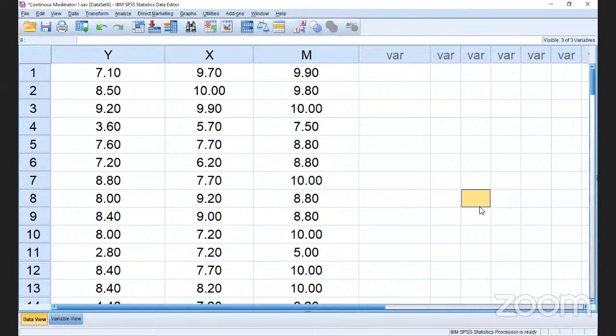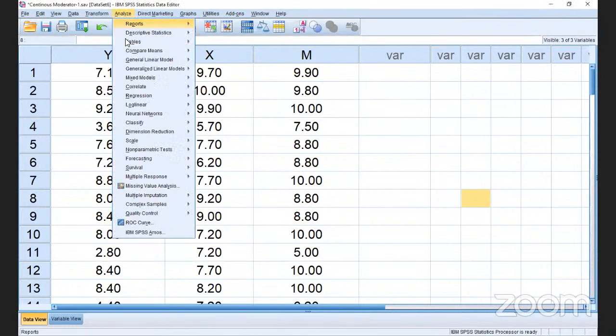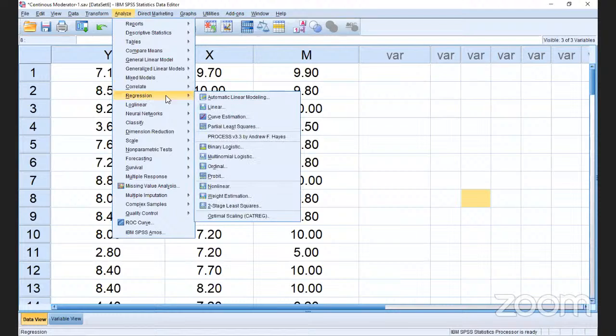Now I am performing this same problem in the PROCESS macro. So how to perform it? Now you can see it's very easy. Analyze, Regression, Process, and then tick.